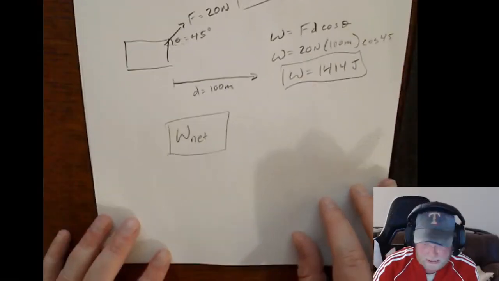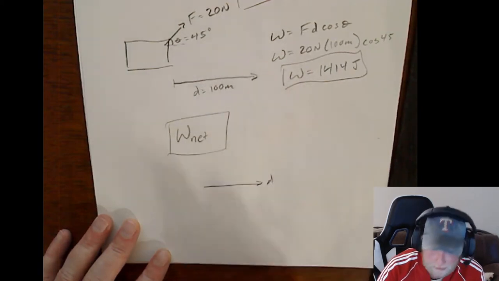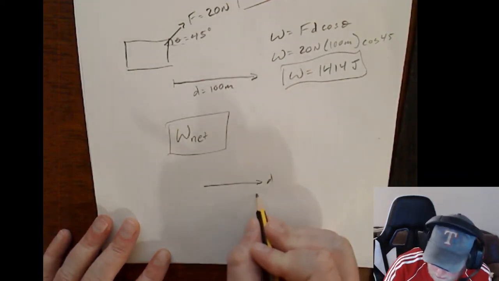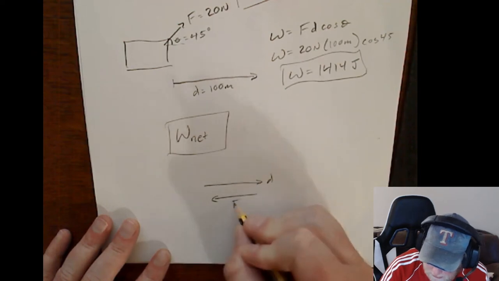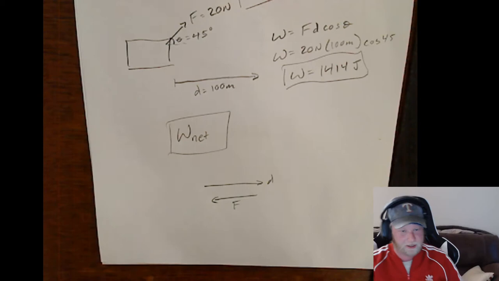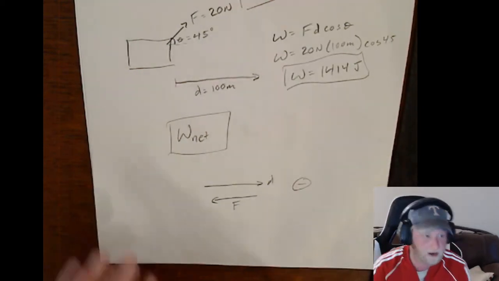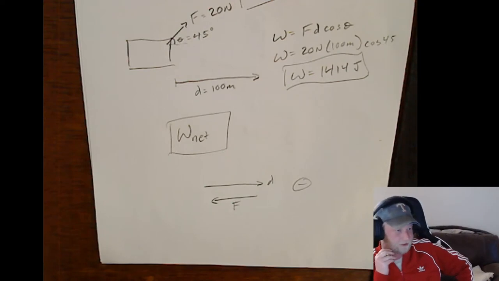Alright, so if you're looking at that drag racer, the drag racer has some forward displacement. Well, the parachute is exerting a force opposite that displacement, right? It's slowing it down. So in this case, the work done would be negative work.